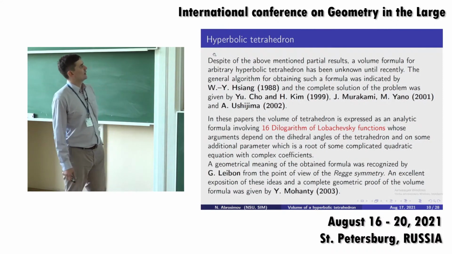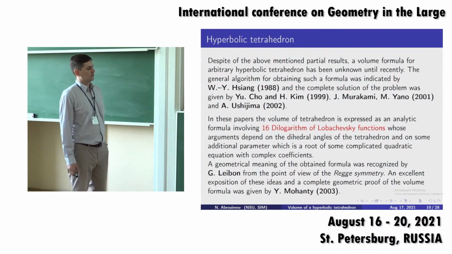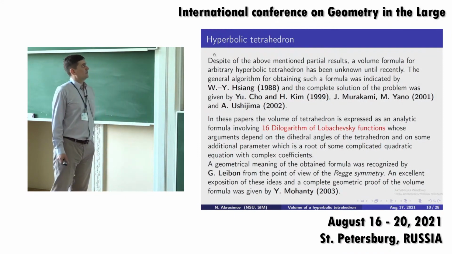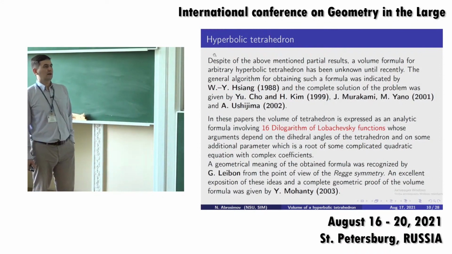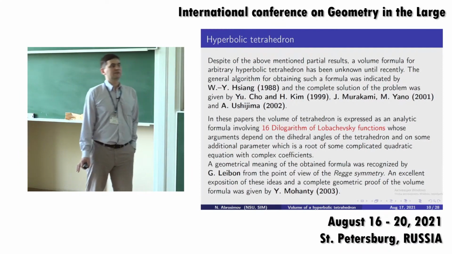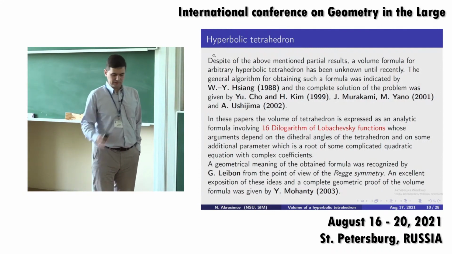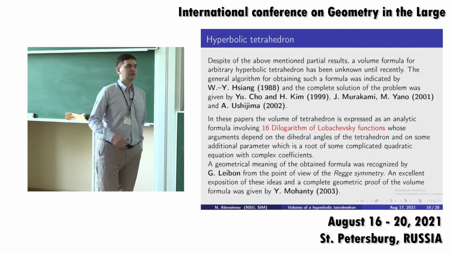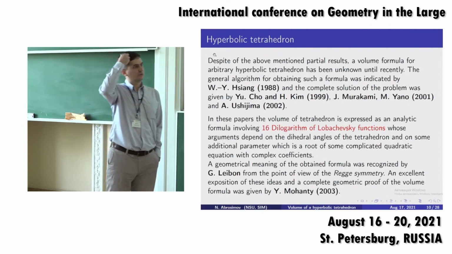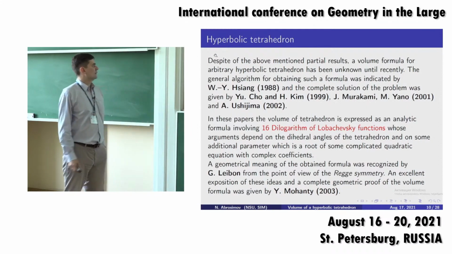geometric proof for the Murakami-Yano formula, and also described the case of a truncated hyperbolic tetrahedron. In these papers, the volume of a tetrahedron is expressed as a function involving 16 dilogarithm or Lobachevsky functions, whose arguments depend on the dihedral angles of a tetrahedron and some additional complex parameter, which is a root of some quadratic equation with complex coefficients.